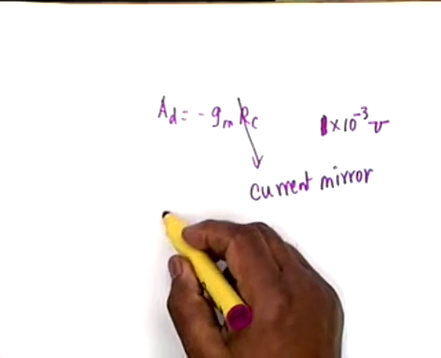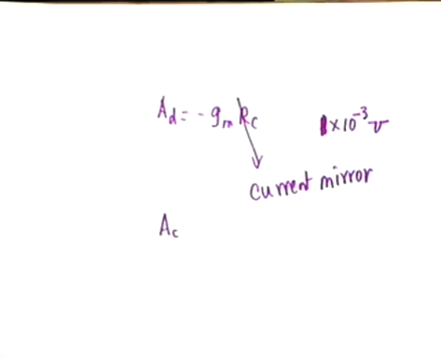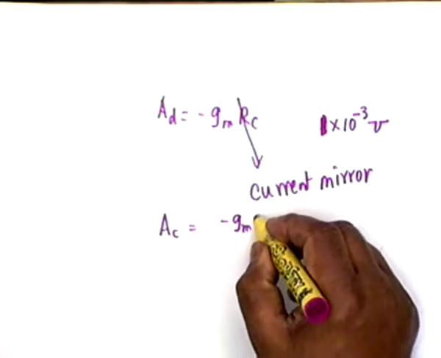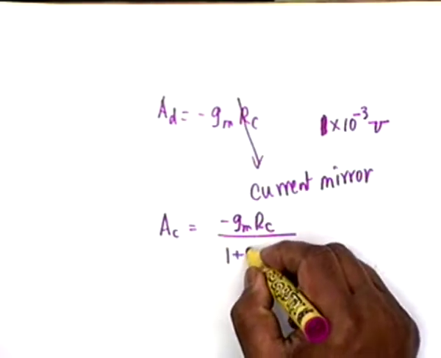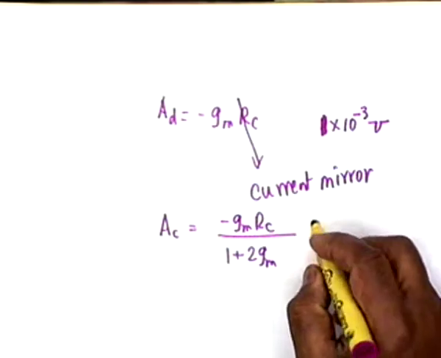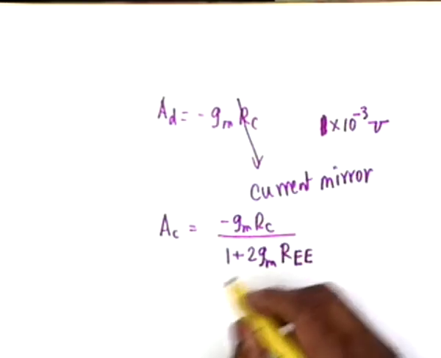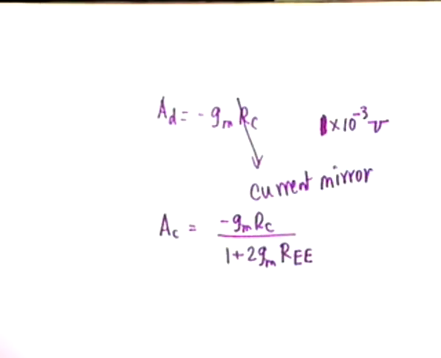Now you must notice that A sub C, the common mode gain, is minus GMRC divided by 1 plus twice GM effective REE. Okay? So if we increase R sub C, it increases the common mode gain also. It increases the differential mode gain.